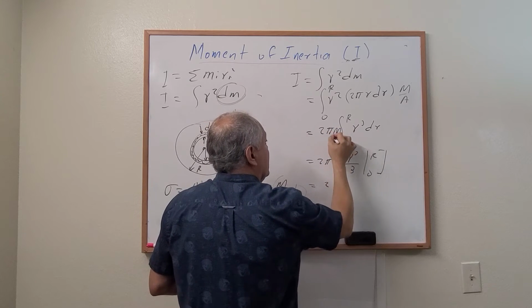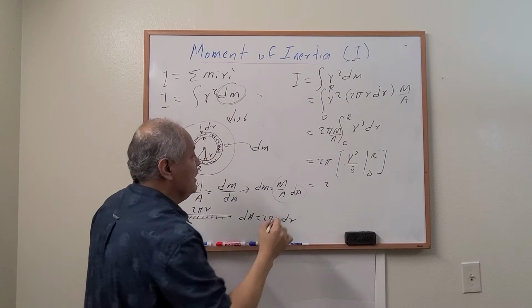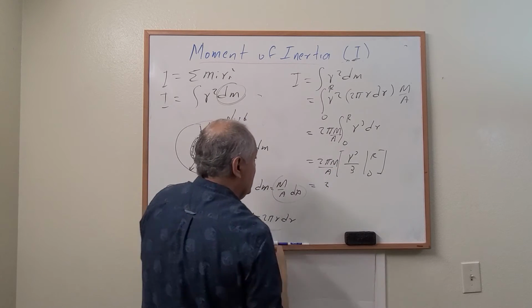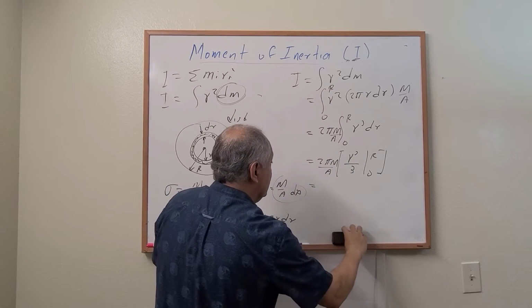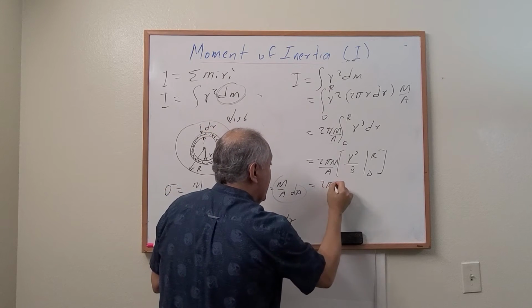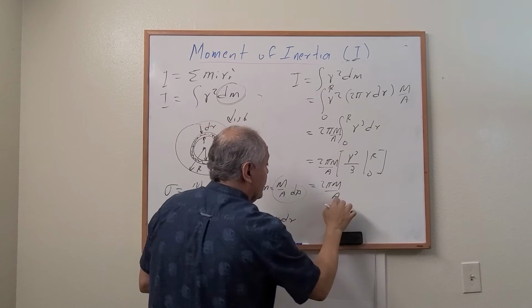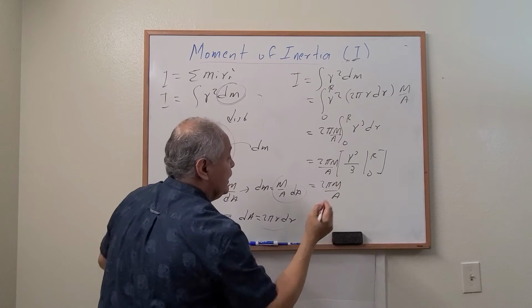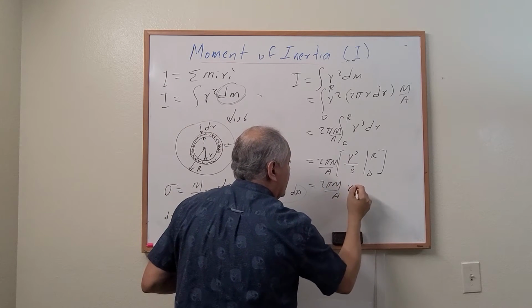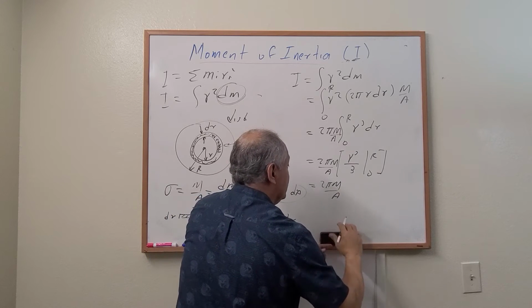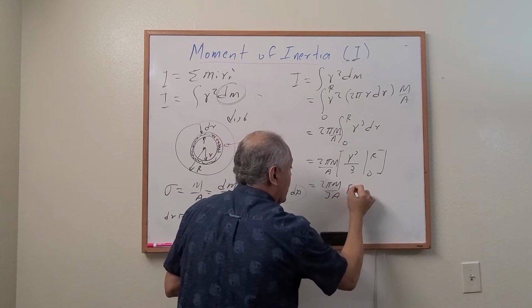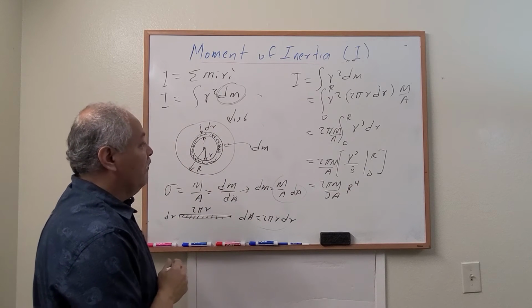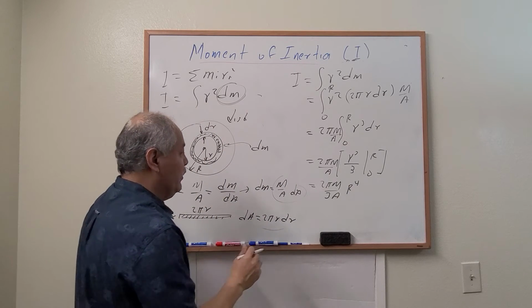Okay, great. And one more time, this is going to be 2 pi mass over area times R. R cubed, this is going to be R to the 4th power. Okay, perfect.